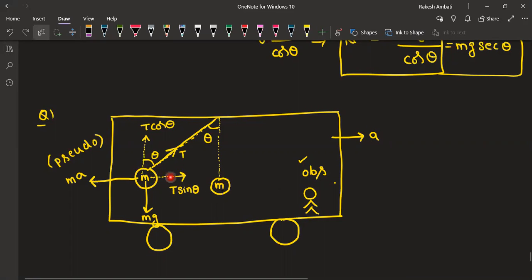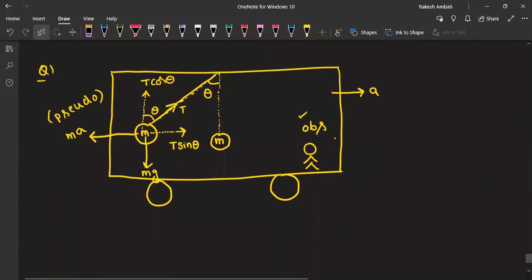Why? Because both are in the same frame. So with respect to the observer, the pendulum seems to be at rest position. If the pendulum is at rest, forces will be balanced. Right on the point.